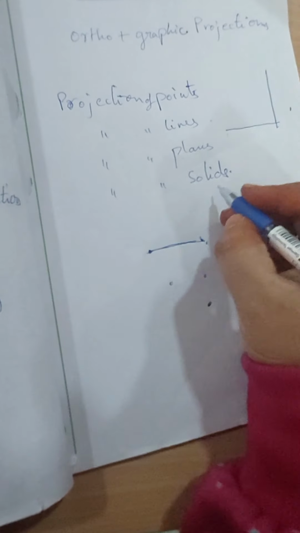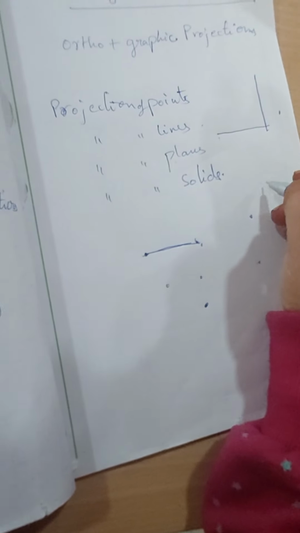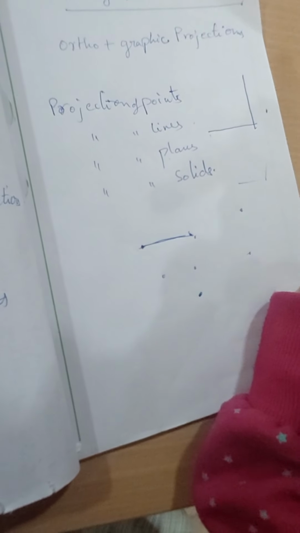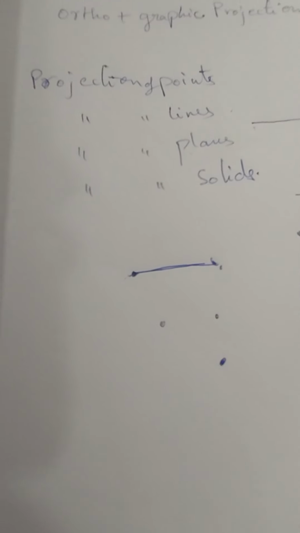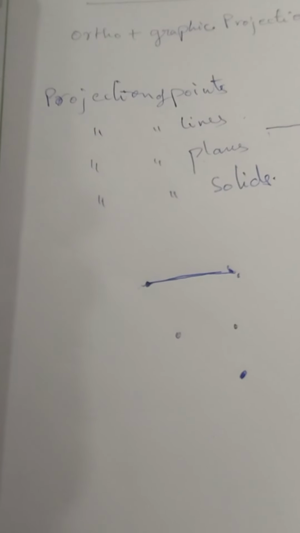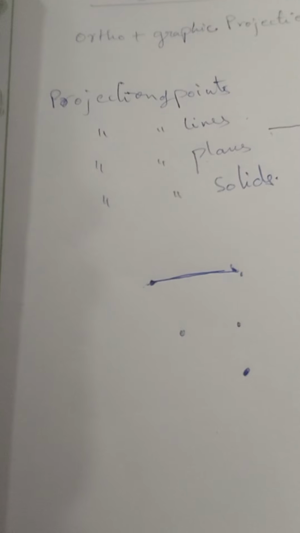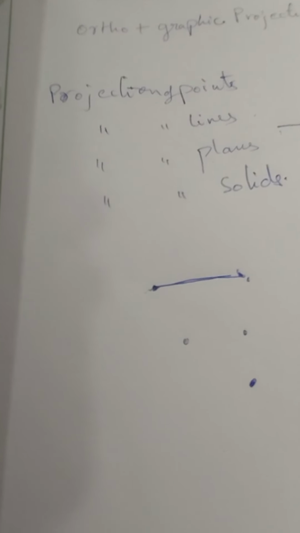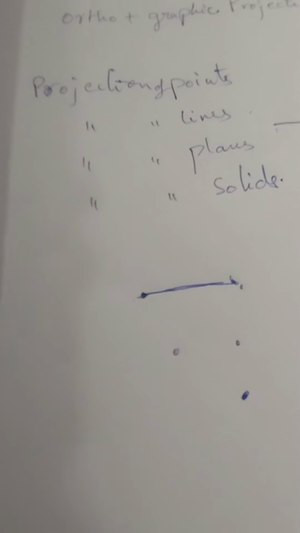And plane. A plane is a two-dimensional object having length and width, or length and height according to the position of the plane. Next, solid. A solid is a three-dimensional object in which we can see all three dimensions in three directions: x, y, z, length, height and width or thickness.